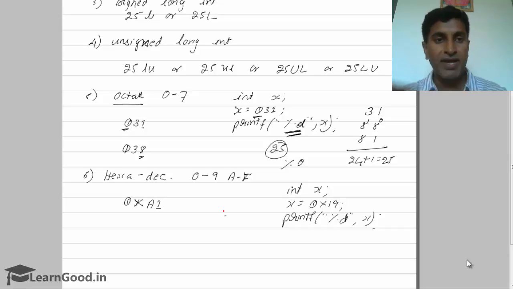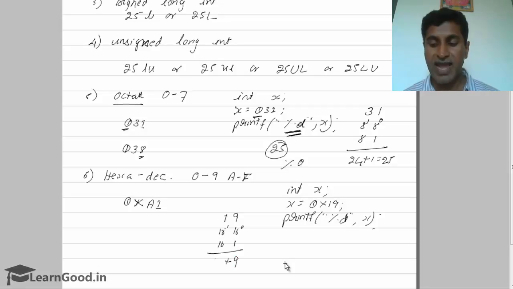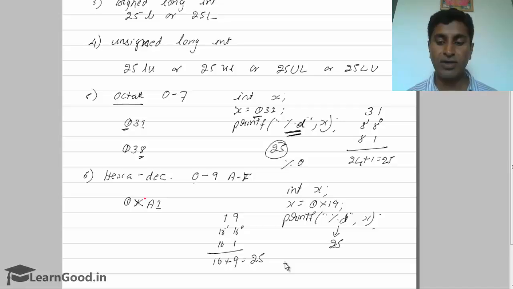For that, you multiply by 16 raised to 0 and 16 raised to 1. 16 raised to 0 is 1 and 16 raised to 1 is 16. So 9 plus 16 is nothing but 25. Even in this case, it's going to display 25. Any value between 0 to 9 and A to F can be given when you have prefixed with 0x. Anything prefixed with 0x is a hexadecimal literal constant.